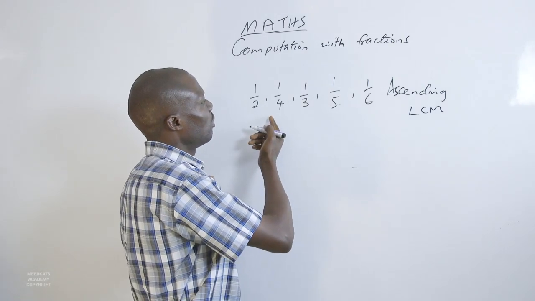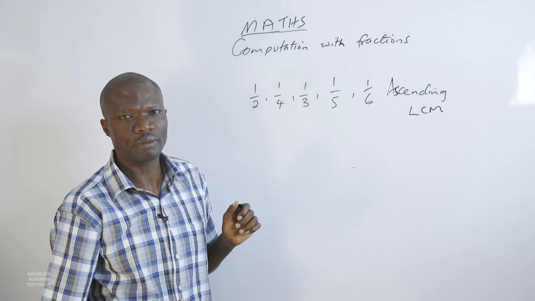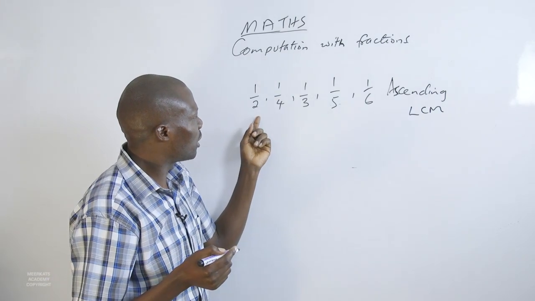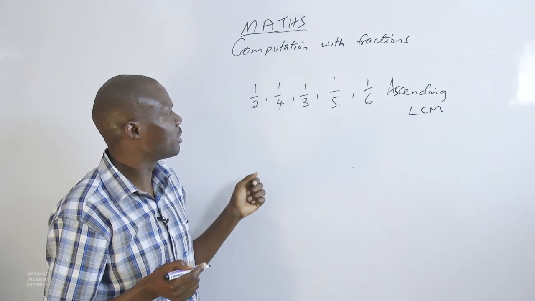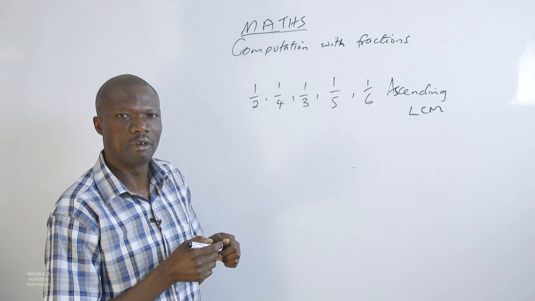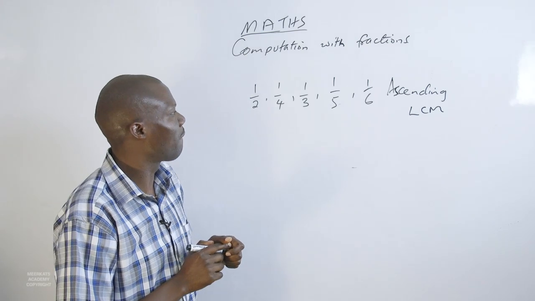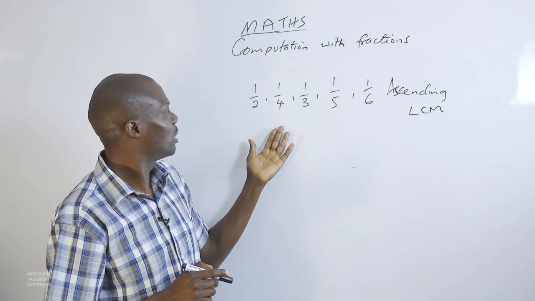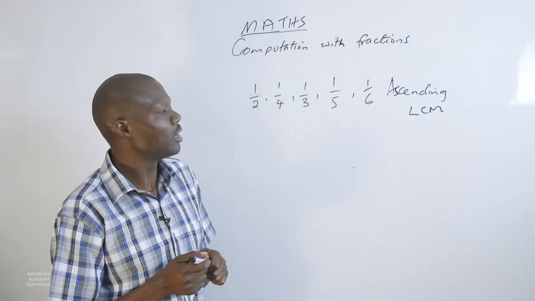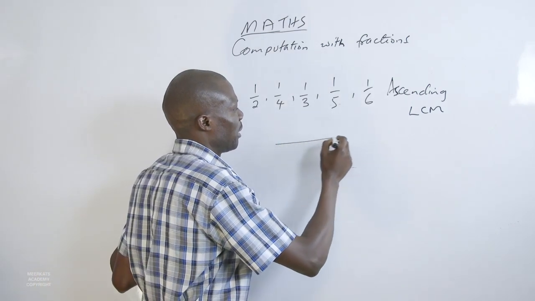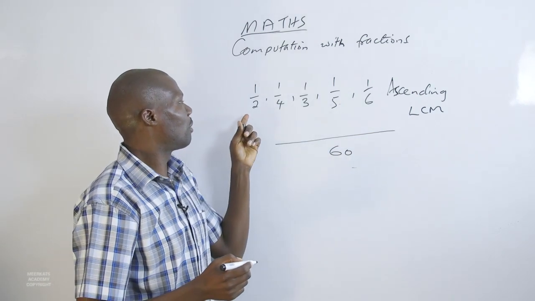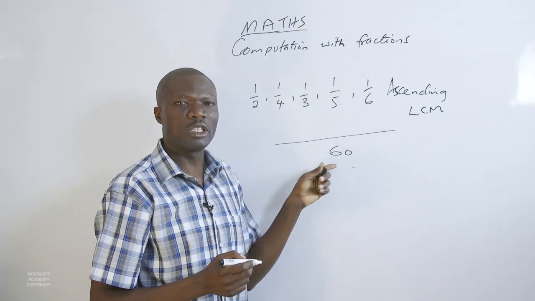So if you look at all these, the lowest multiple which can divide all these without a remainder will be 60.